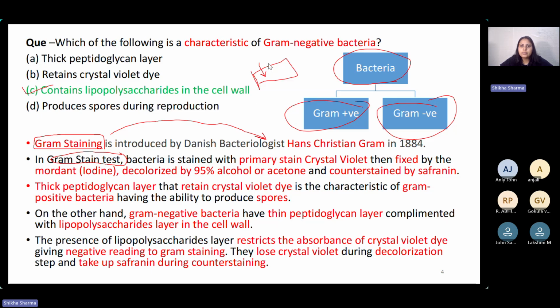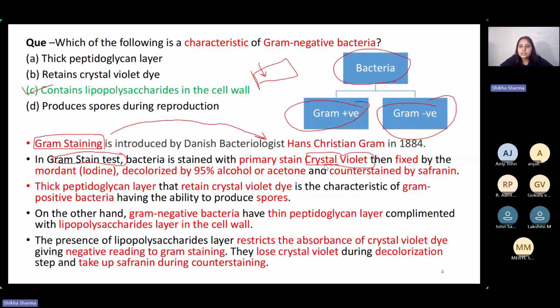After that it is stained with the primary stain, which is crystal violet, and the excess crystal violet is washed off with water. Then another agent, the fixing agent or mordant, is used, which in this case is iodine solution.